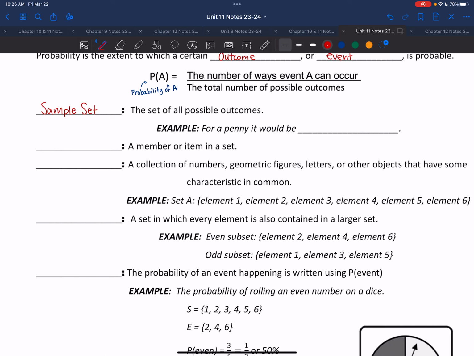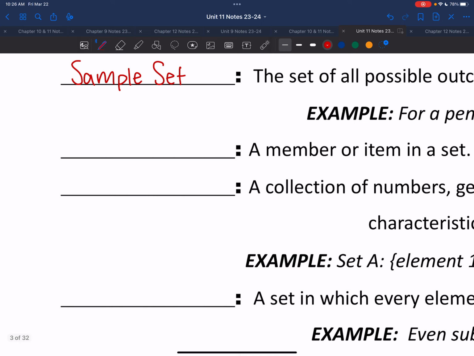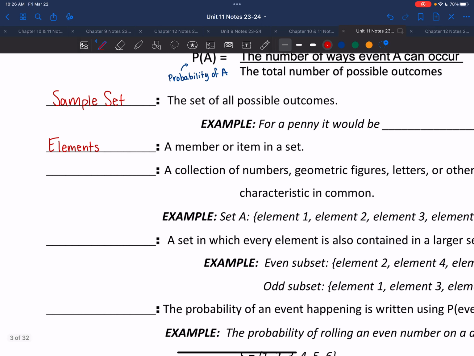Now within that sample set, you have things called elements. Elements are just a member or item in a set. So like if you're looking at the probability of rolling a die, like we said, it would be options 1, 2, 3, 4, 5, or 6. 1 would be an element within that set.